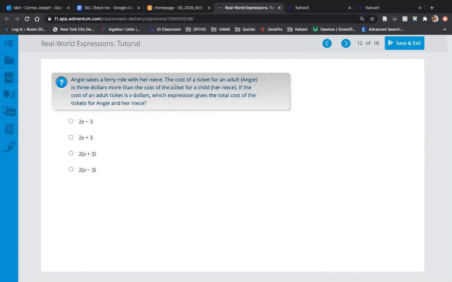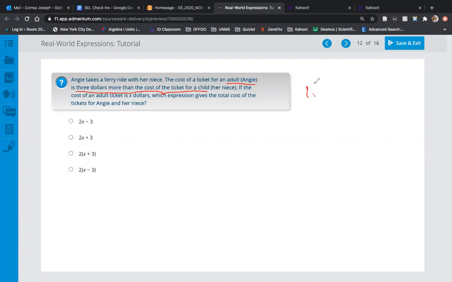It says that the cost of a ticket for an adult is $3 more than the cost of the ticket for a child, right? I really want to write this out. Let's try it one more time. Yeah, it's not working. It's going to be a pretty bad recording.